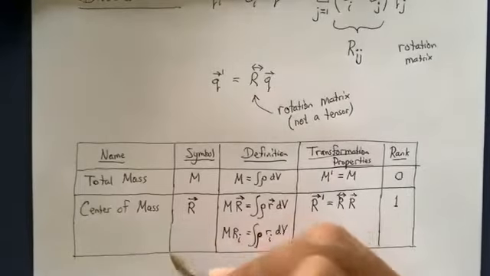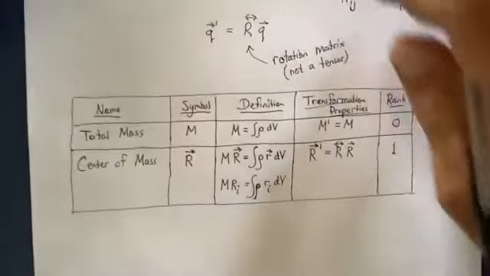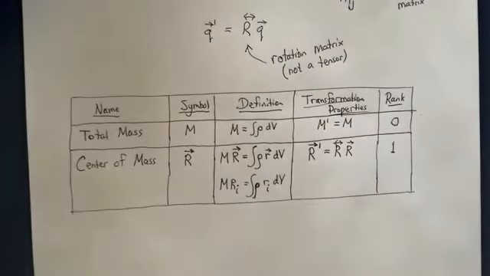Now, of course, we want to talk about the inertia tensor. There's also another tensor called the products of inertia tensor. We're not going to emphasize that one so much. Let's go straight to the inertia tensor.